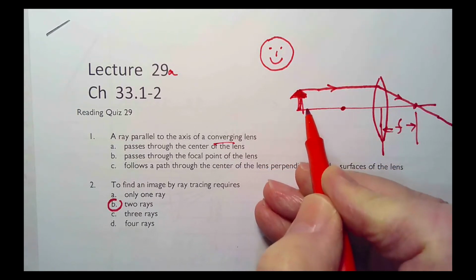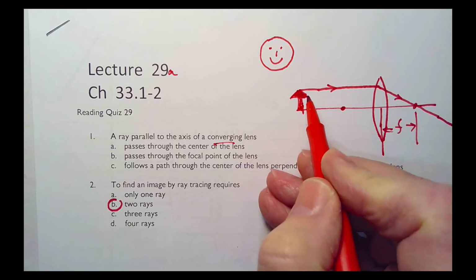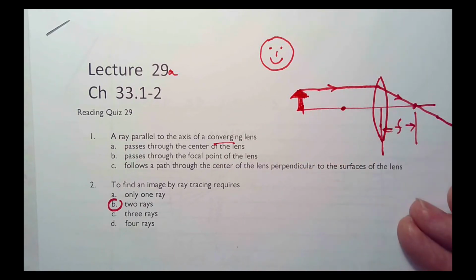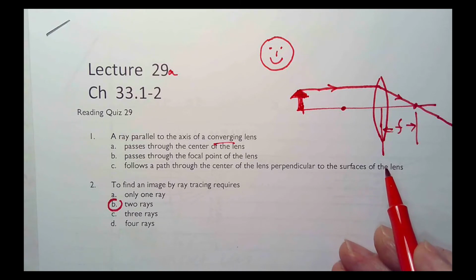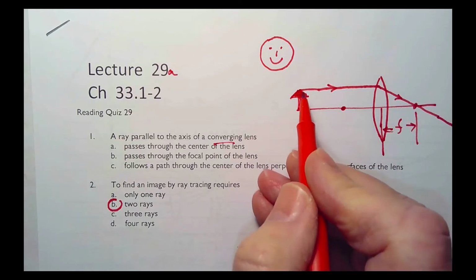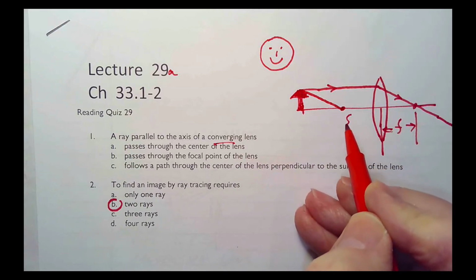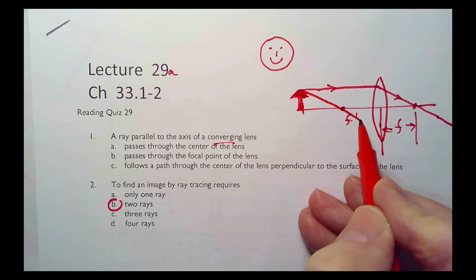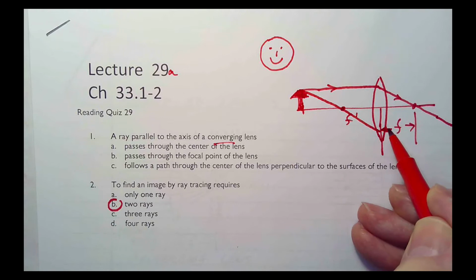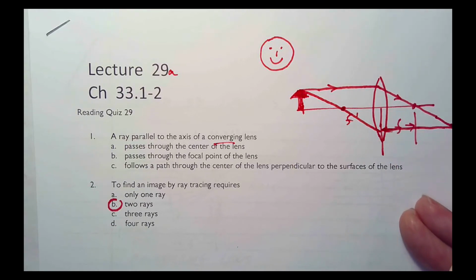Somewhere the top of that arrow tip is going to be along this line here. I need to intersect one other ray to know where it is. If I take a ray that goes through the conjugate focal point, F prime, it hits the lens here and goes out parallel. Where those two rays intersect, that's where the image is. So the image is here.